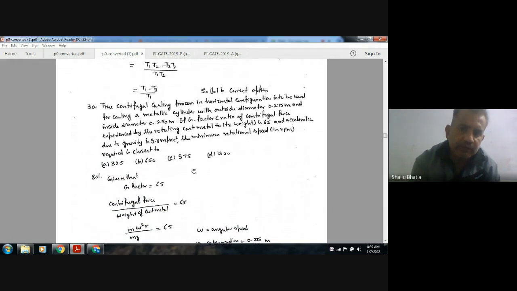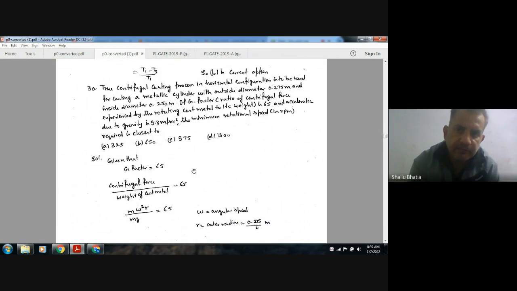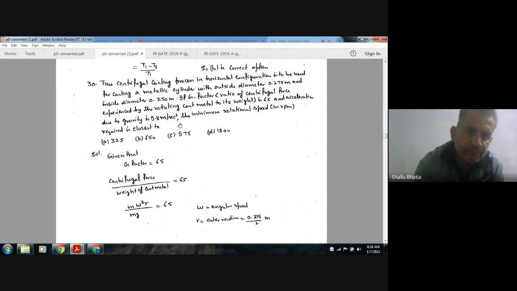True centrifugal casting process in horizontal configuration is to be used for casting a metallic cylinder with outside diameter 0.275 meter and inside diameter 0.250 meter.